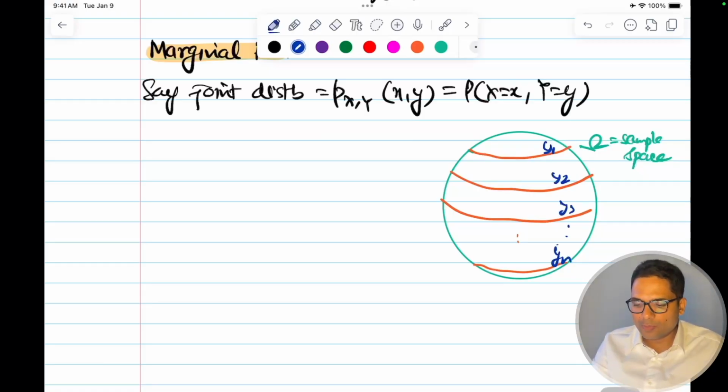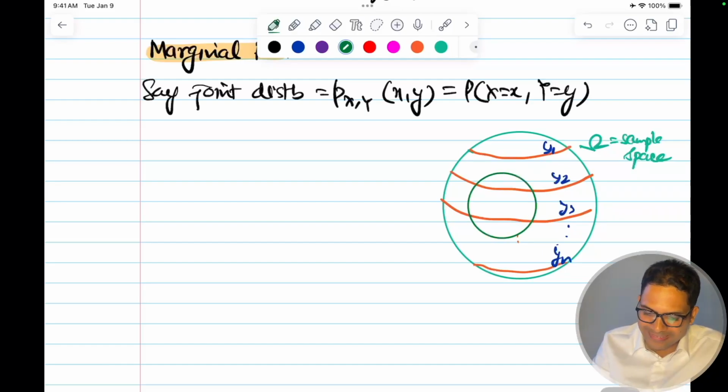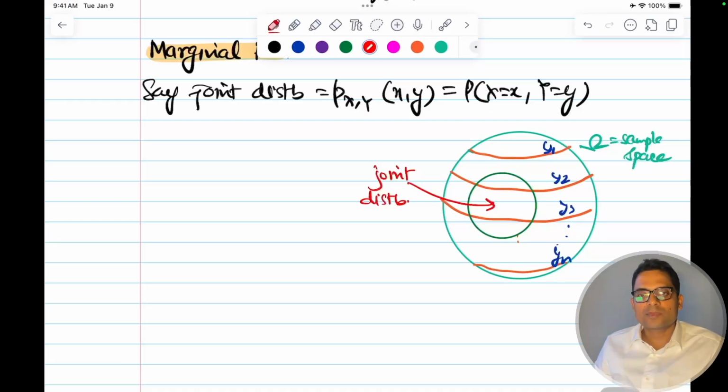So these are all my possible values of y. And then we have this joint distribution.